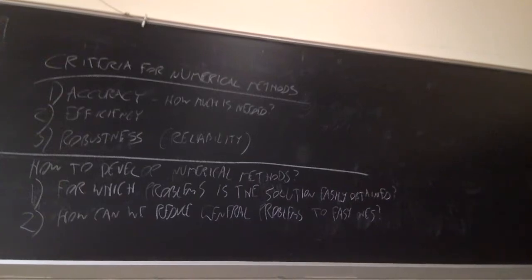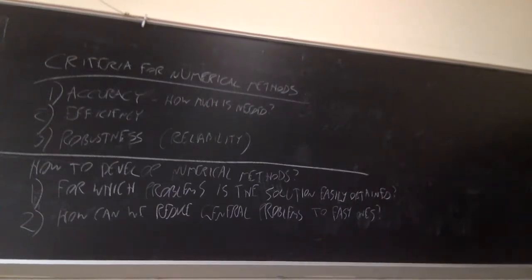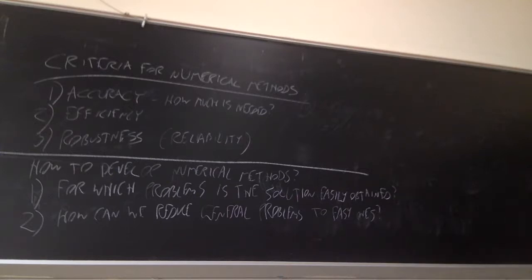Like going back to this problem of finding the solution of f of x equals 0. Easy to do for a linear function. All right, what if you have a nonlinear function? Then use a tangent line approximation. And that leads to what is called Newton's method. So this is something we'll keep in mind as we go through the whole semester.